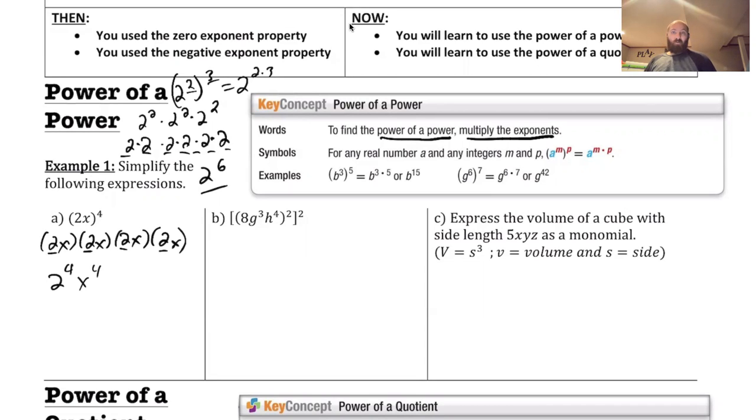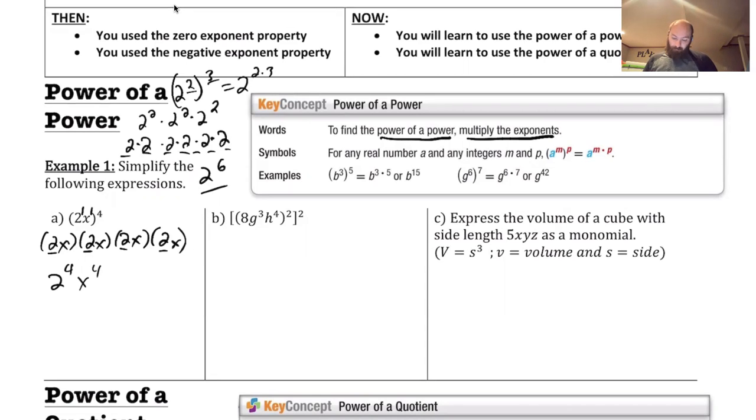This is a very common one where people make mistakes. So I just want to make sure it's clear that we are doing everything to the 4th power inside. So we raise a power to a power: 2 to the 1st, x to the 1st, 1 times 4 and 1 times 4 again. That's how we get those.